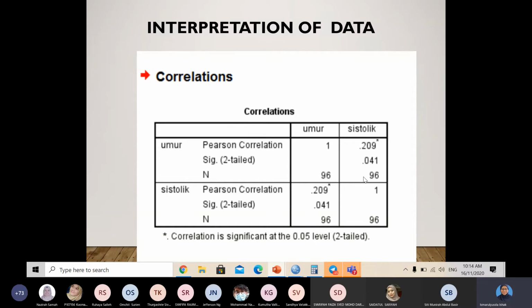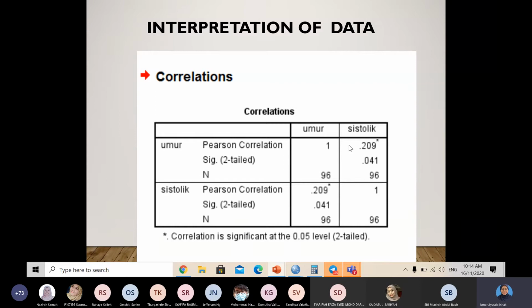Okay, so you have to be conscious of how to report your data. So for me, if my sample size is enough, not very large, not very small, I prefer the R value.